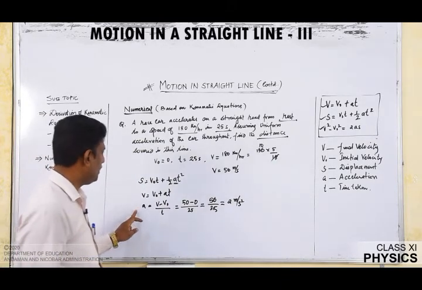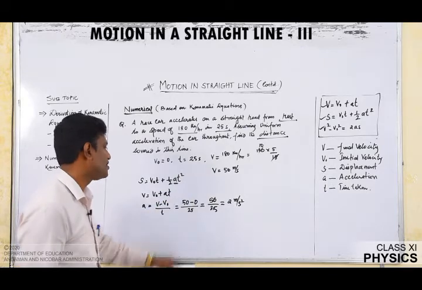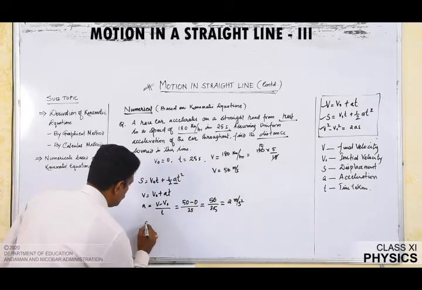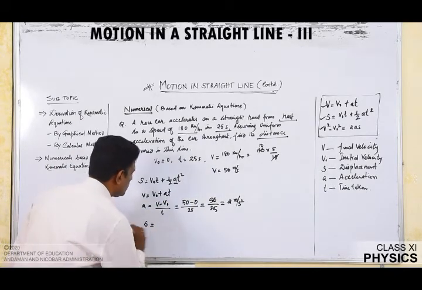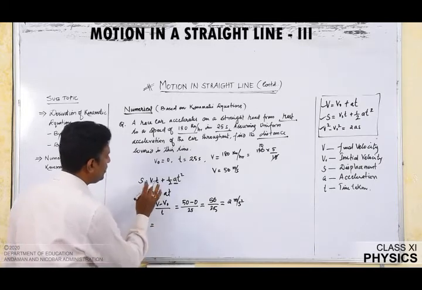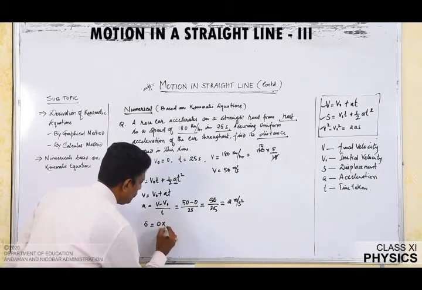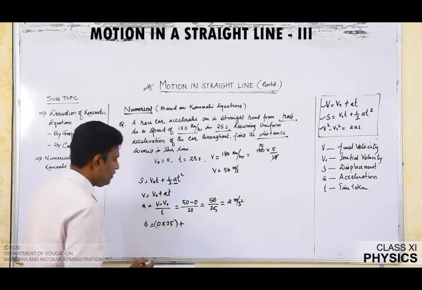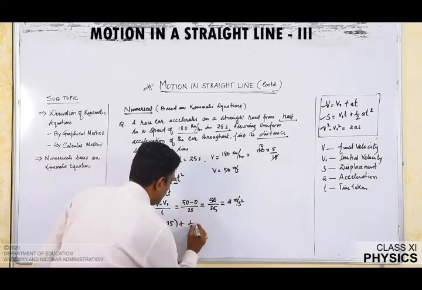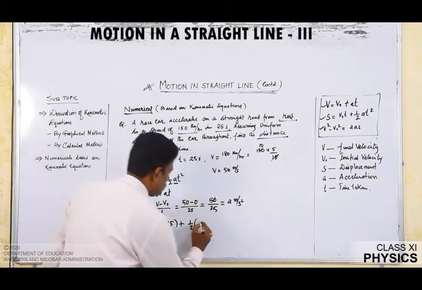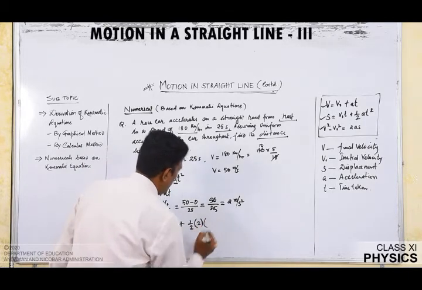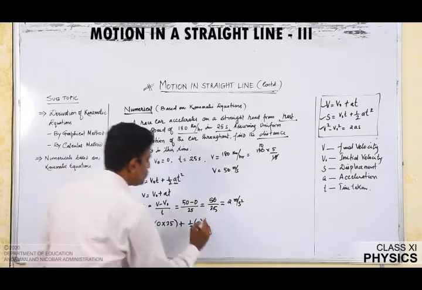Now, we can put the value of acceleration in the second equation. So, s is equal to v naught t. What is v naught here? 0 into time 25, plus half, what is the value of a? 2, and t is 25 square.